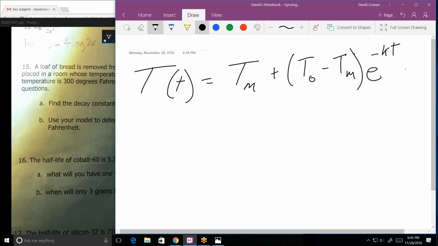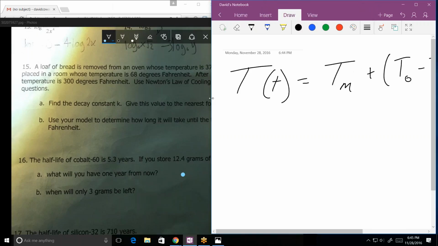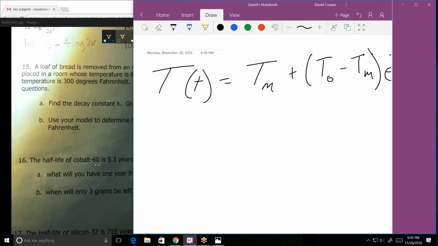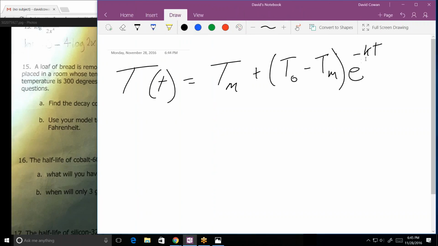Let's see what we've got. Look at this question. What is k? Find the decay constant. That's what k is. It's so similar to our r. In other words, when we had cobalt 60 decaying, the decay rate was r, and we never actually put a number on it.